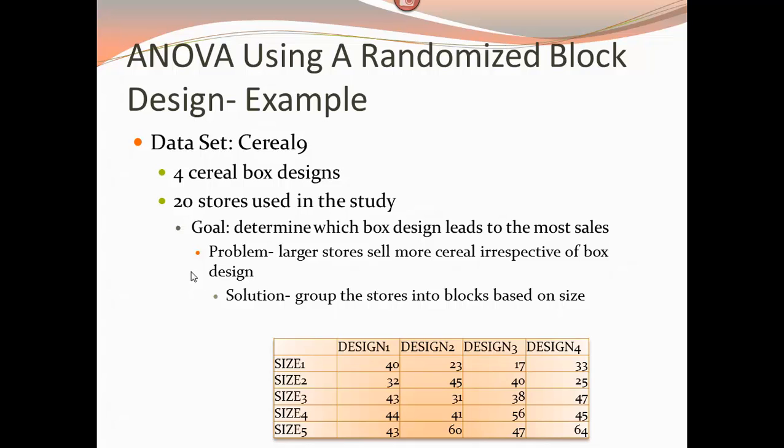But they recognize that there's a problem that larger stores may sell more cereal irrespective of box design. More people go in there to buy cereal, and they don't care what the design looks like. So the solution was to group the stores into blocks based on size. So recognize the impact of that block, and then once that's taken into account, you can analyze the impact of the treatment.